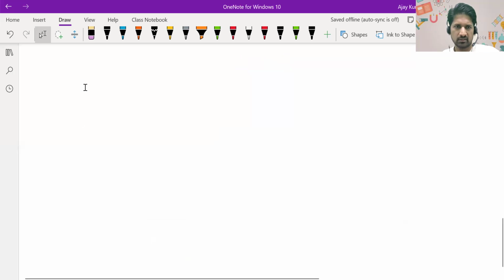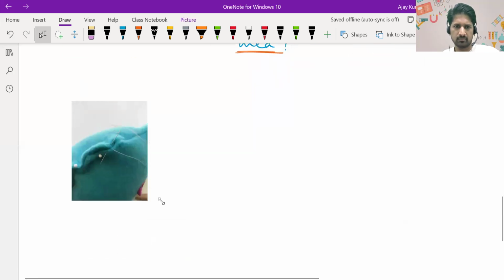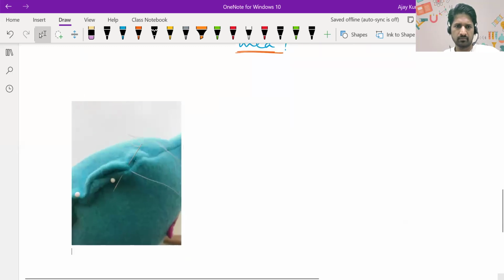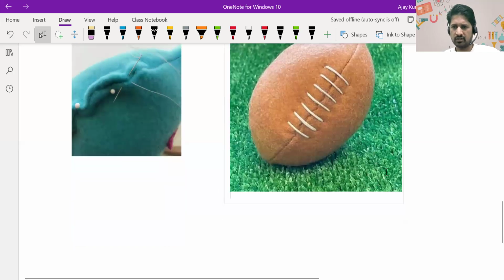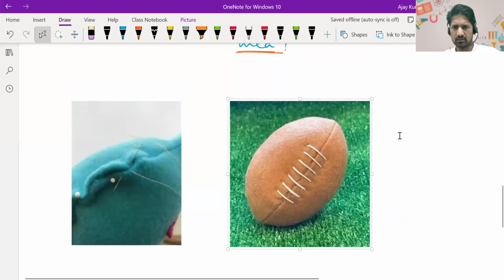A pillow also you can consider. You can even consider a stuffed rugby ball made like this. It looks like this is made out of cloth. So basically, there is cotton stuffed inside, covered up with a layer of cloth, and you can see the stitches as well. Observe that rugby ball picture.